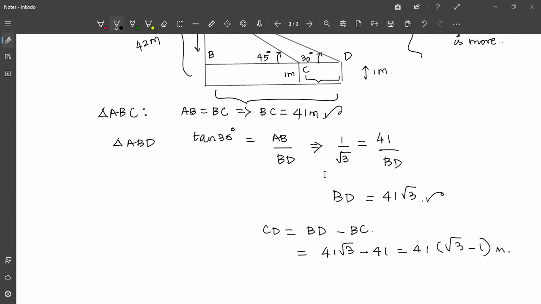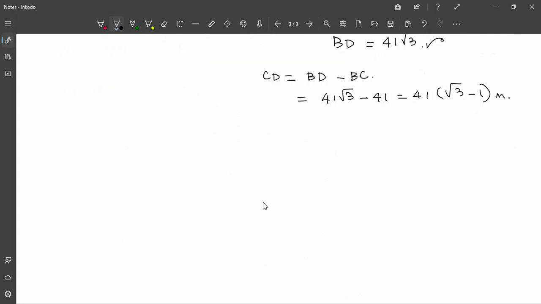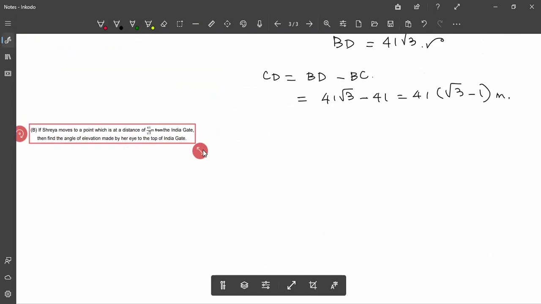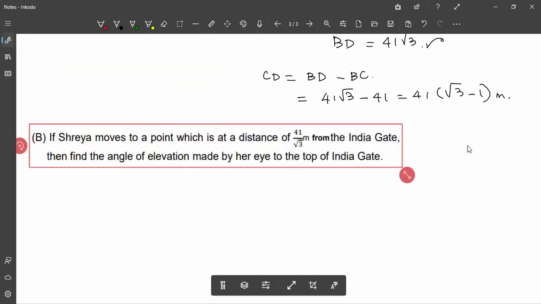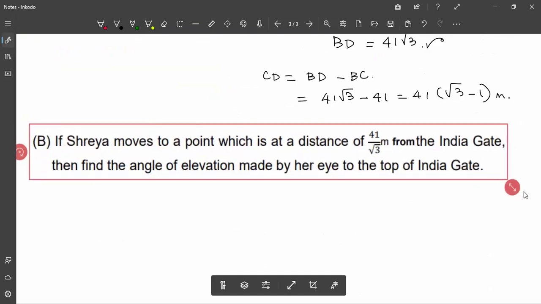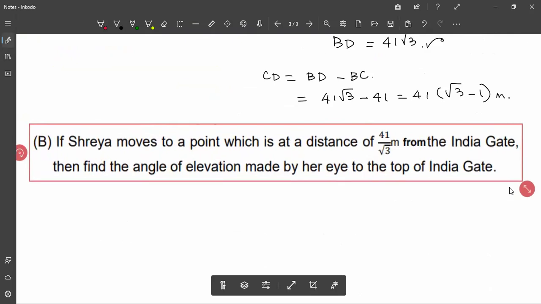The next question. If Shreya moves to a point which is at a distance of 41 divided by root 3 meters from the India Gate, find the angle of elevation made by her to the top of India Gate.